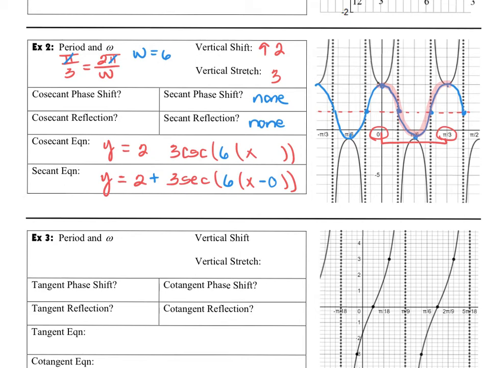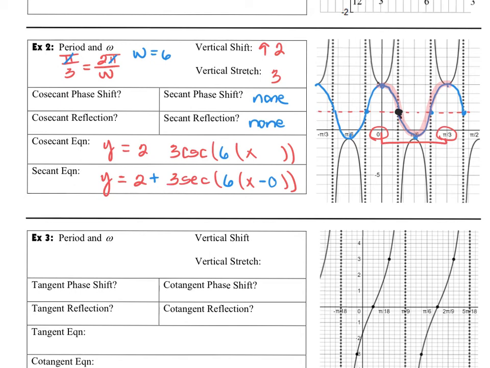For the cosecant graph, we're going to come along here and find where one of the asymptotes is. Again, I could pick any one of these asymptotes as the place where I'm going to start my cosecant. I'll just go ahead and grab this one here to the right. Doesn't matter.